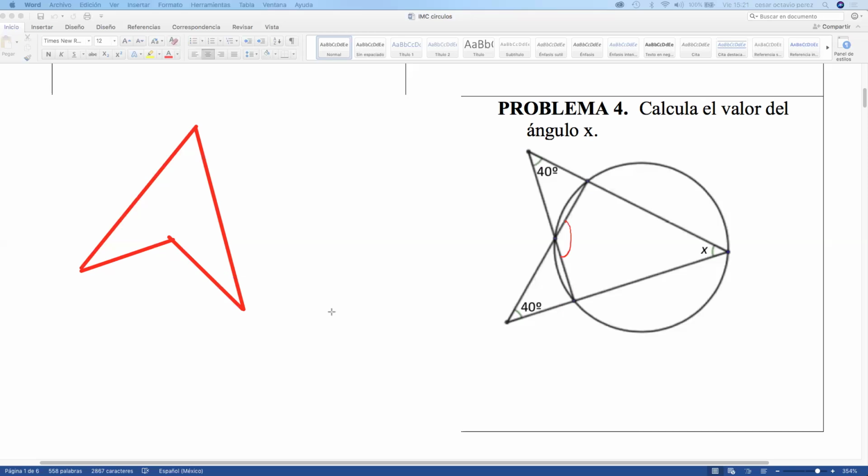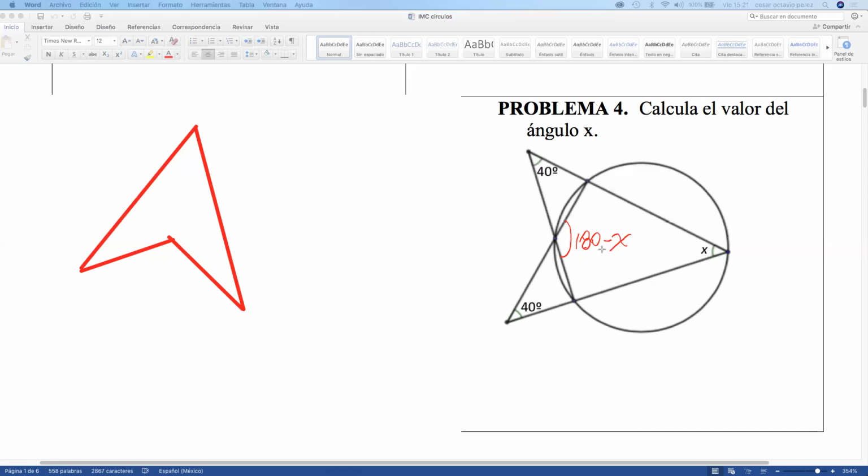Let me see. This will be 180 minus X, because every cyclic quadrilateral, if we add the opposite angles of a cyclic quadrilateral, we will have that they add 180.